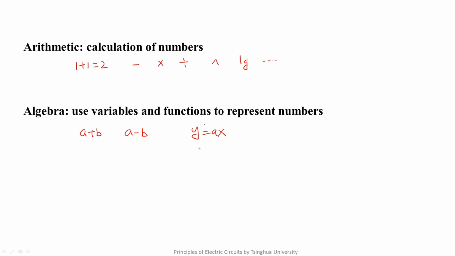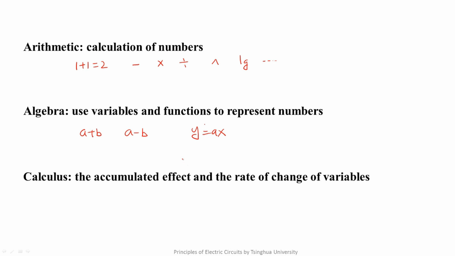With the concept of variables and functions, you will learn in university how to describe the accumulated effect and the rate of change of the variables. They are the essence of calculus. Next, let's introduce the accumulated effect and the rate of change respectively. Firstly, let's focus on the accumulated effect.